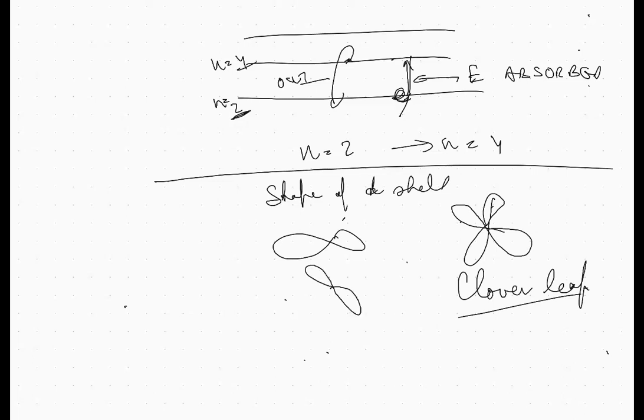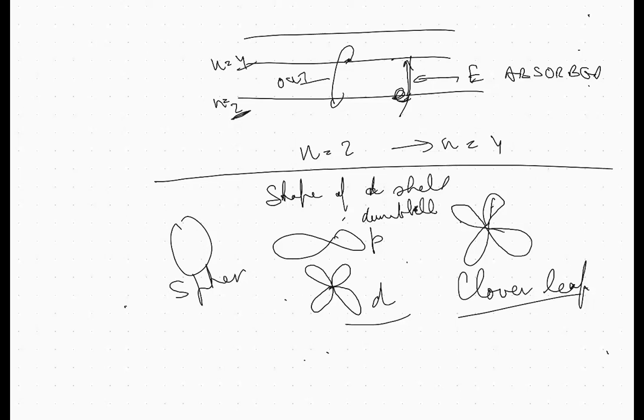This is a P. S is just a sphere. So remember, S is a sphere, P is a dumbbell shape, and clover leaf is the D orbital, which is what I've drawn here. Okay.